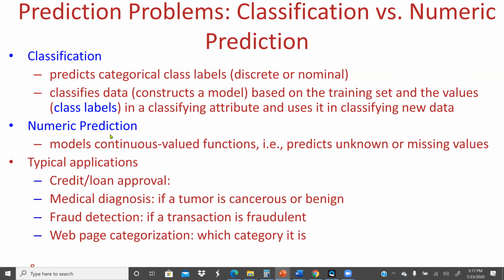With numeric prediction, the model is a continuous-valued function, so this will predict unknown or missing values. The typical applications, as we said earlier, can be credit or loan approval, medical diagnosis, whether a tumor is cancerous or benign, fraud detection, whether a transaction is fraudulent, and also web page categorization, which category it is.